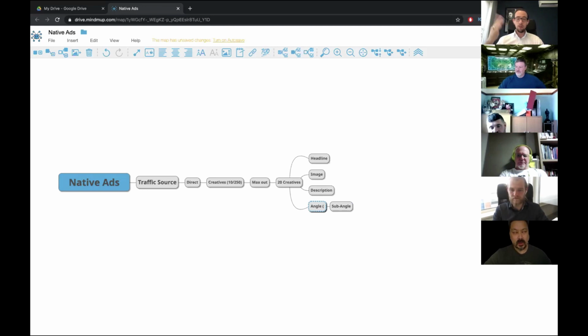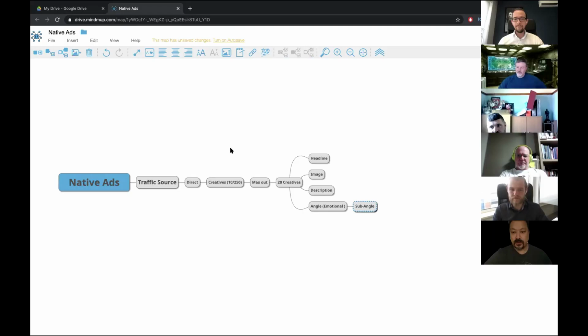Emotional, like how a person would look, or how they are now and how they're going to look in the near future. All right, then we have the sub-angle already. So emotional, it's very broad, of course, but you narrow it down.